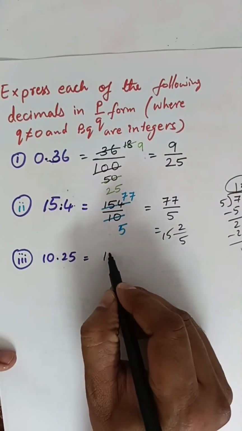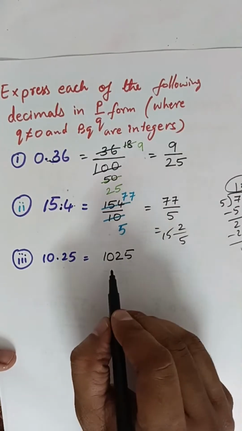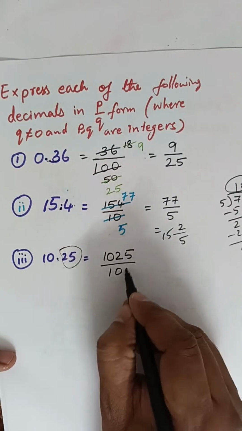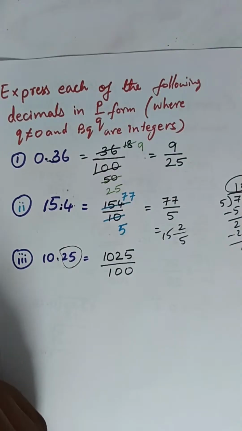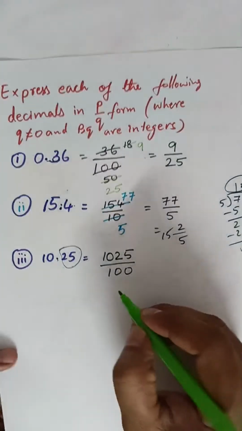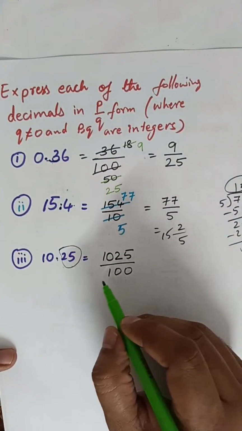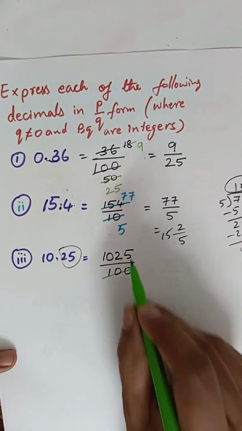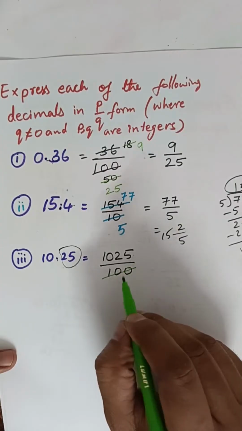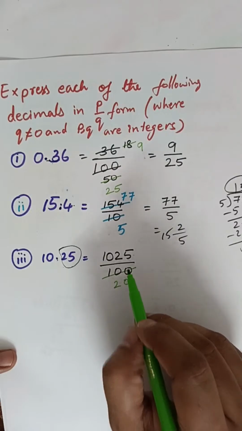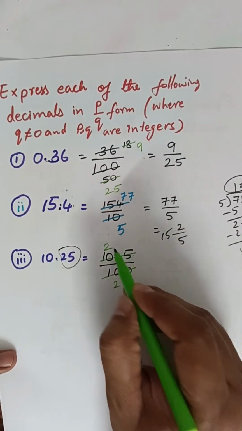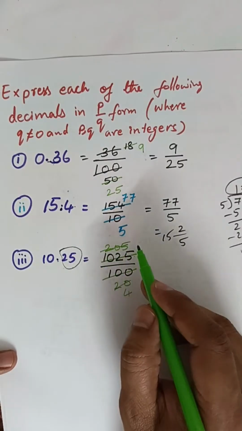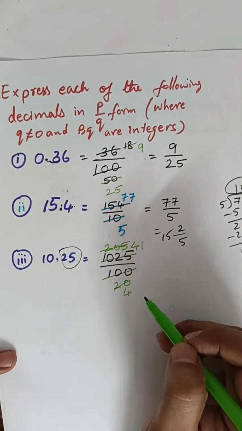Write the number without the decimal, 1025, and in the denominator, since there are 2 digits after the decimal, 1 with 2 zeros. Now we have the P by Q form. Simplify it. You can divide by 2 or by 25, your choice. Better to use 5, since you know the table of 5. We cannot use 2 because the last digit is 5. So divide by 5. 5 times 20 is 100. 1025 divided by 5 is 205. Again 5 times 41.